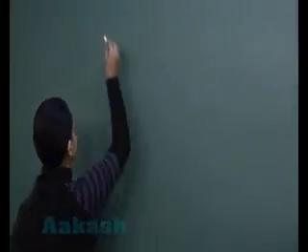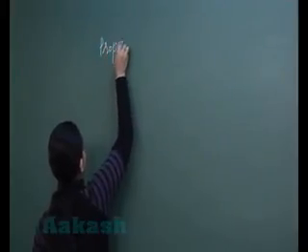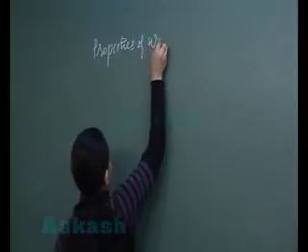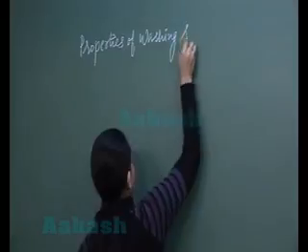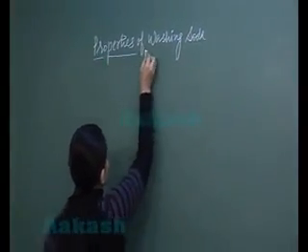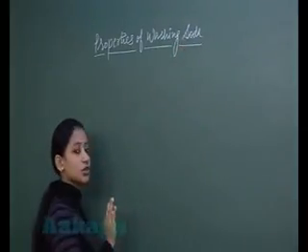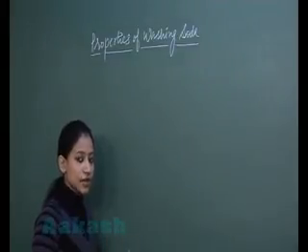Now students, let us study the properties and uses of washing soda. First of all, let us study the properties of washing soda. Students, when washing soda is freshly prepared, it is a transparent crystalline solid.